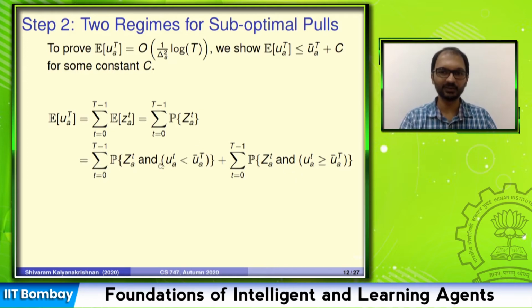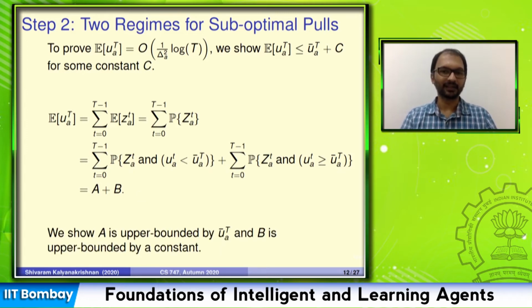These two events are mutually exclusive; one is the negation of the other. Therefore, you can divide the probability of Z_tA into two separate sums of probabilities, which is what we have done over here. Our effort coming up is to show that the first of these sums is upper bounded by A, and the second is upper bounded by B.